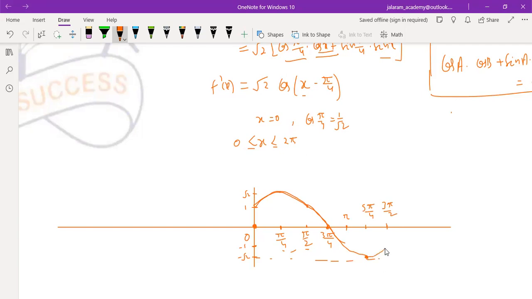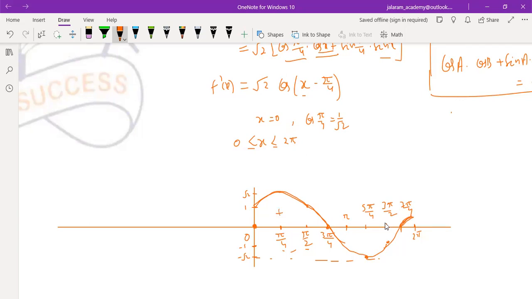So the value is again minus 1. Is that clear to you? And next it is 7 pi by 4. Then 2 pi, which is again plus 1.